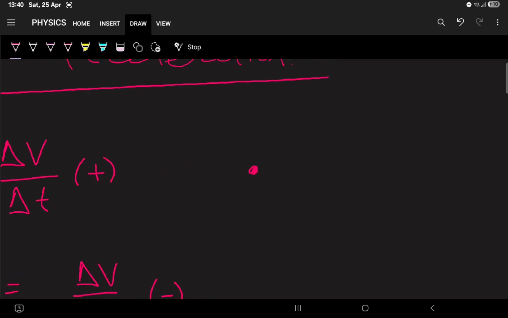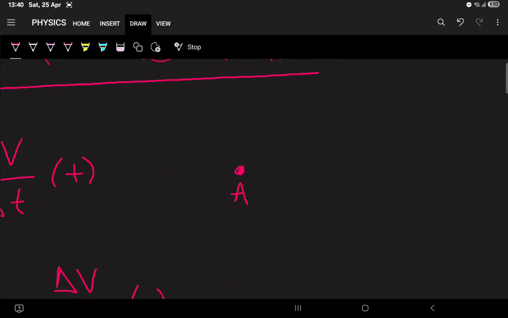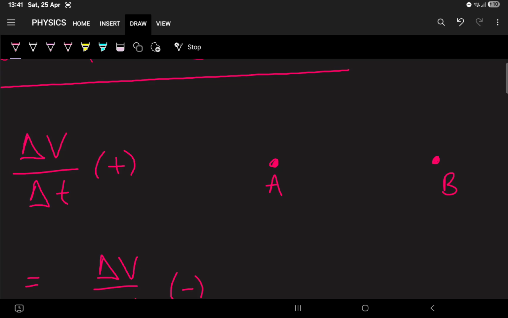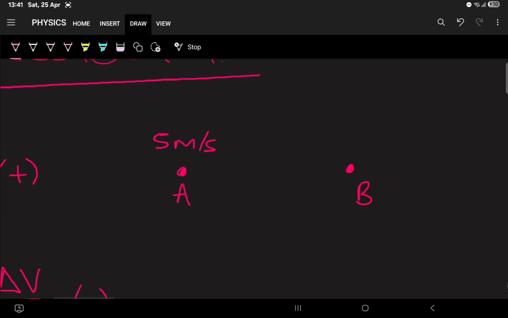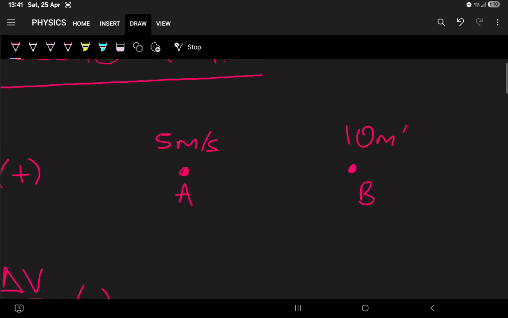Let's say a boy moves from point A to point B. At point A, the boy's velocity is 5 meters per second, and at point B, it's 10 meters per second, and the time interval between this, which is represented by change in T, is 1 second.